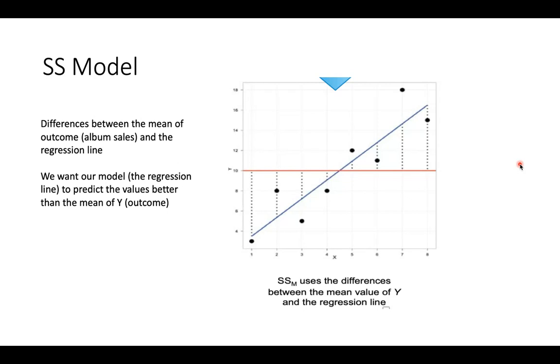And if I just guessed the average of all album sales, 100,000 albums, and just guessing the average did better than your predictive equation, then what's the point of your predictive equation? It's not adding anything of value to our ability to predict. So, SS model assesses the degree to which our regression equation line does better than simply guessing the average of our outcome.